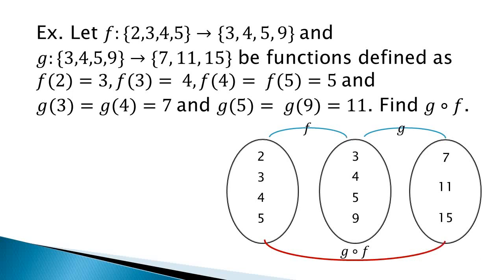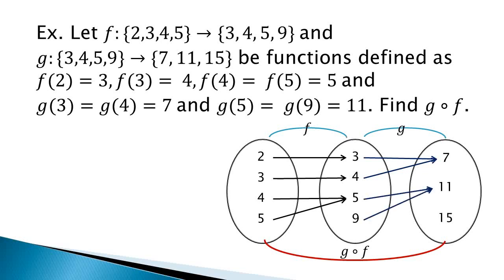Then g of f is the composite function defined from the very first set to the last set, where we can find the values of g of f in this way. See, under f the images of the elements of the first set are like this, and the images of the second set under the function g are like this.